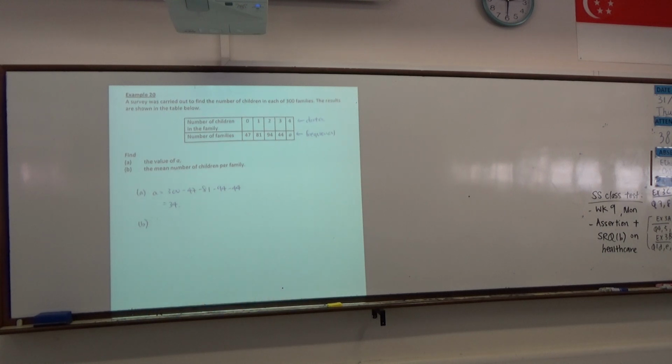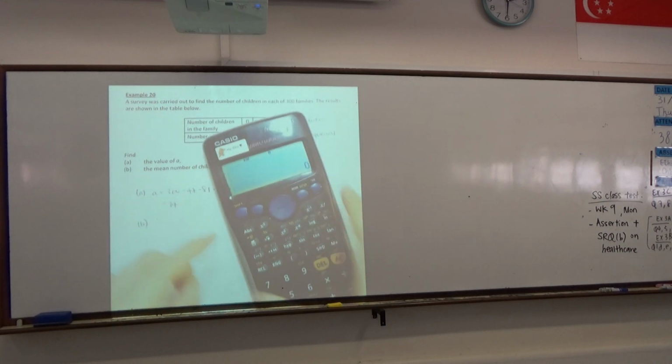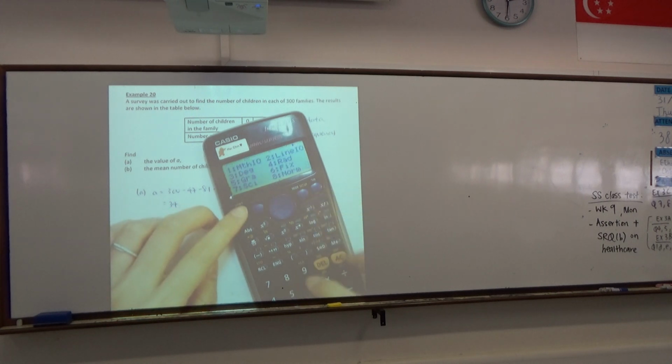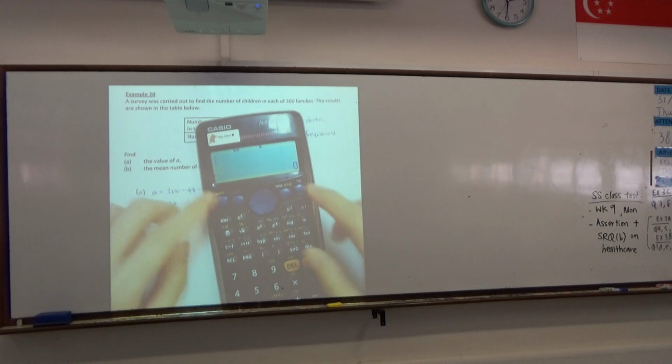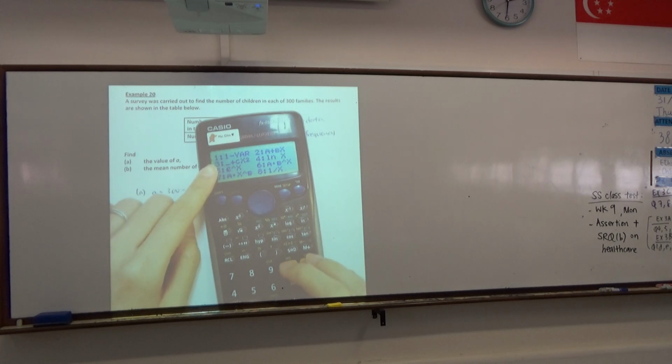Now to find the mean, let's look at the Casio calculator first, since everyone seems to be using that. Go to mode 2, statistics, 1 variable.